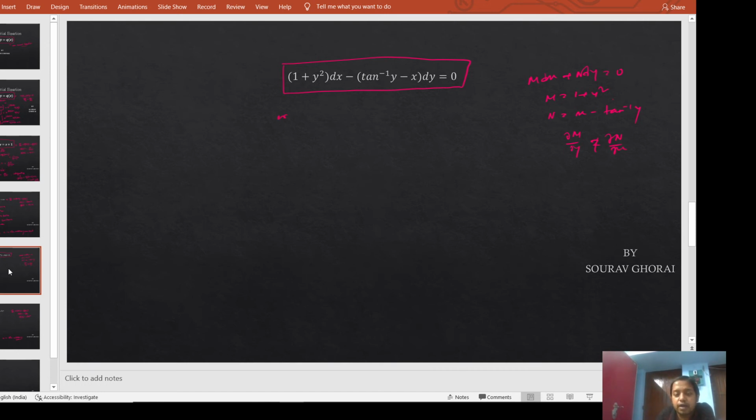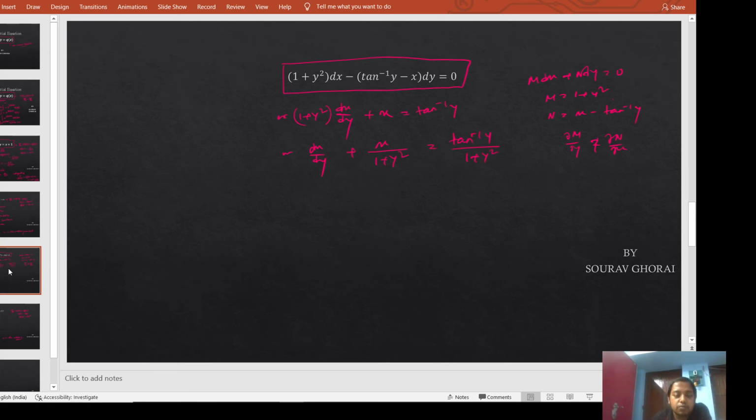From here we can write (1 + y²) dx/dy + x = tan⁻¹y. Or we can write dx/dy + x/(1 + y²) = tan⁻¹y/(1 + y²).